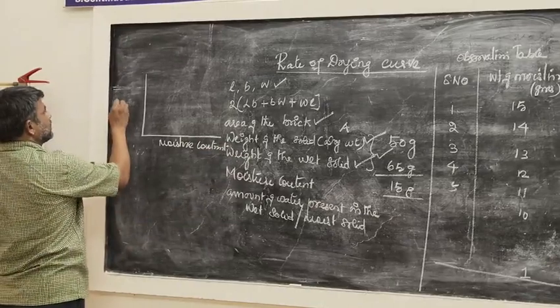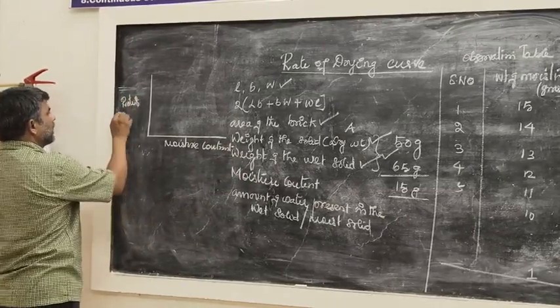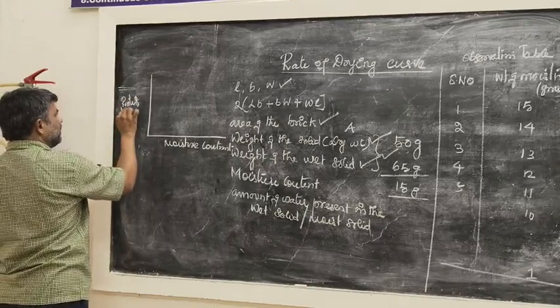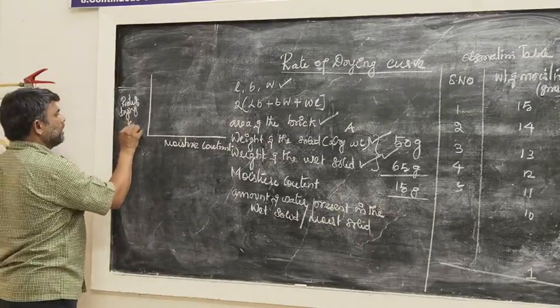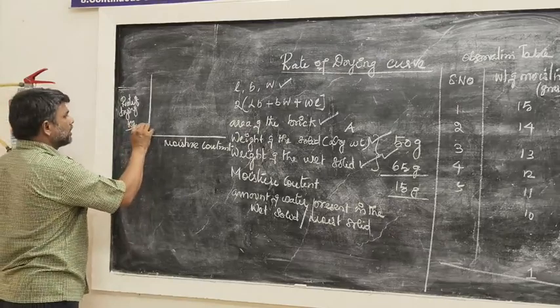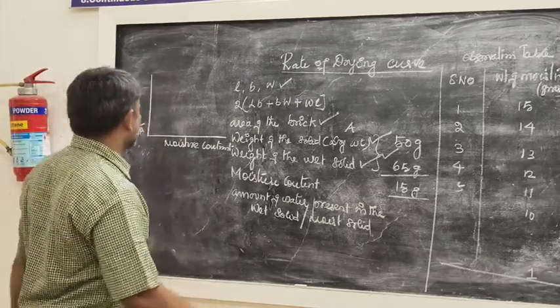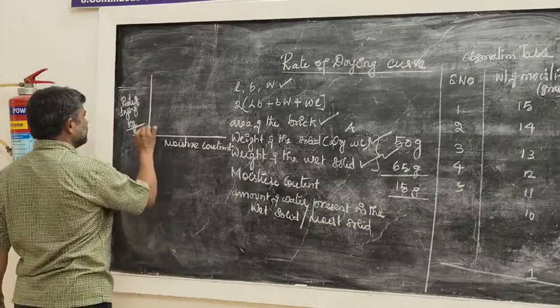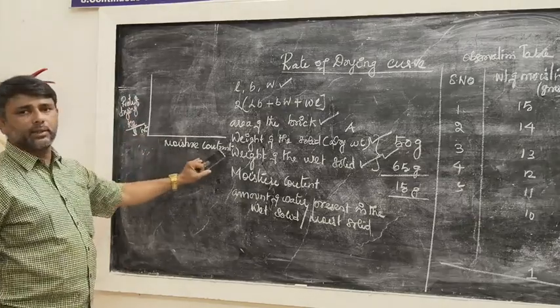On the y-axis, rate of drying or drying flux, that means kg moisture evaporated per second. This is the rate per unit cross-sectional area of the wet brick, per centimeter square or meter square. This is the flux for drying.